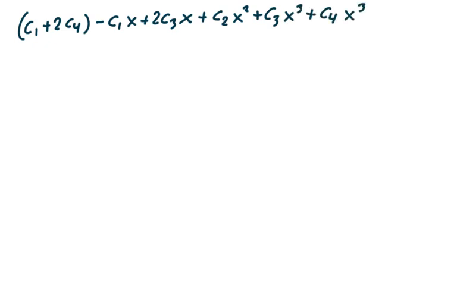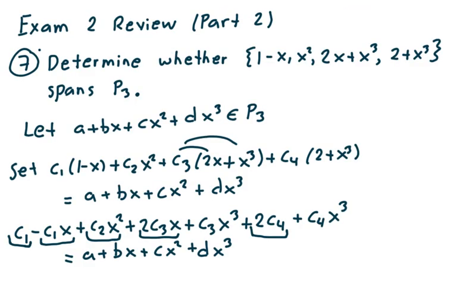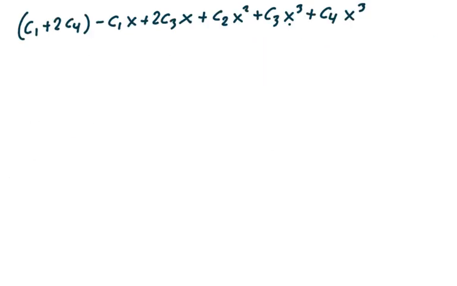And then notice how I have 1, 2, 3, 4, 5, 6, 7 terms. So I got all the terms. And remember, this is equal to a plus bx plus cx squared plus dx cubed.